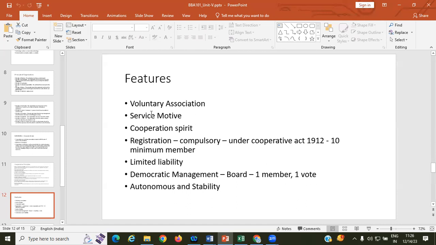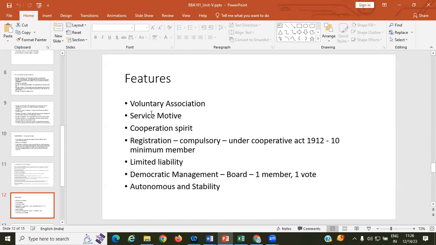So if anything happens to the society, you are liable only for the money you contributed. You are not taking loans or issuing shares or debentures, not depending on public money. You are only creating the society with your own money.